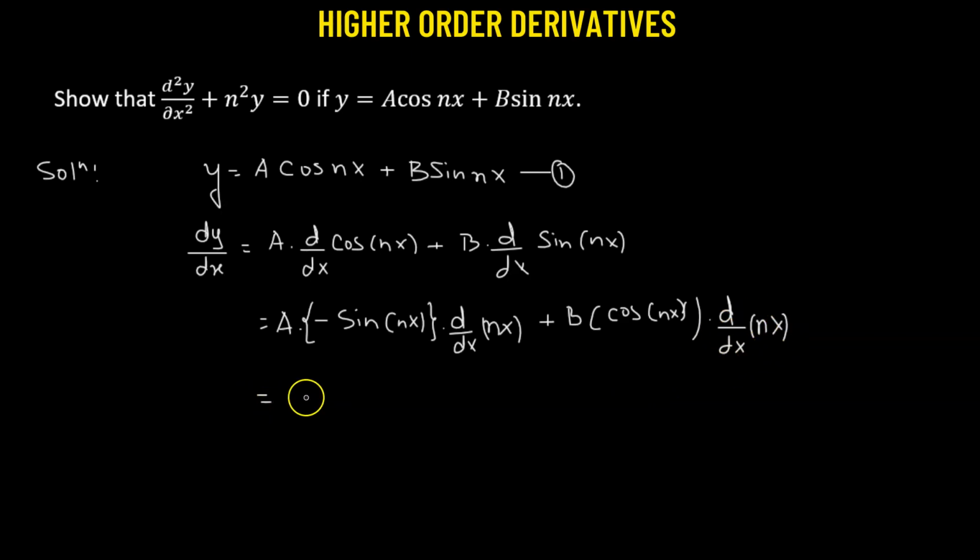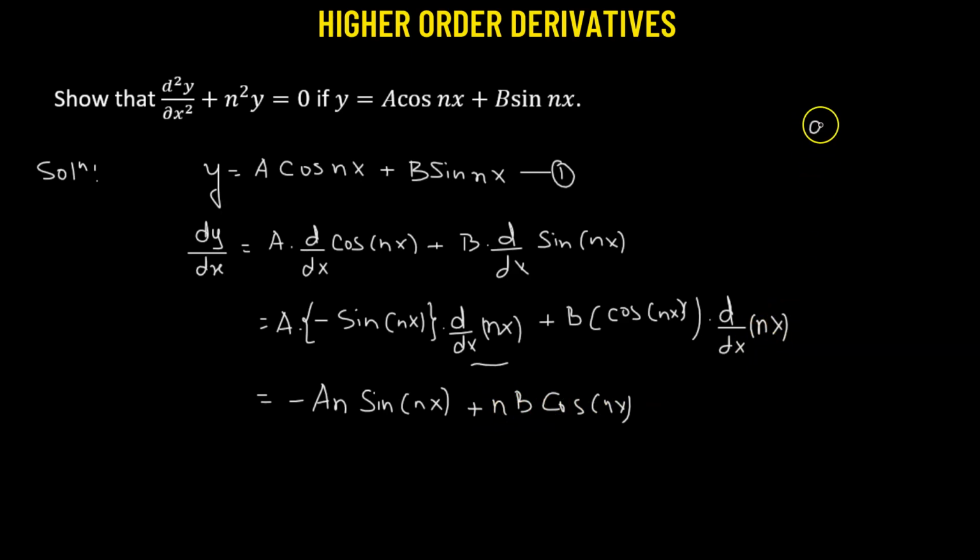The derivative with respect to x of n times x simply gives us n. So we have negative a n times sine of nx plus b times cosine of nx, times the derivative of nx, which is n.